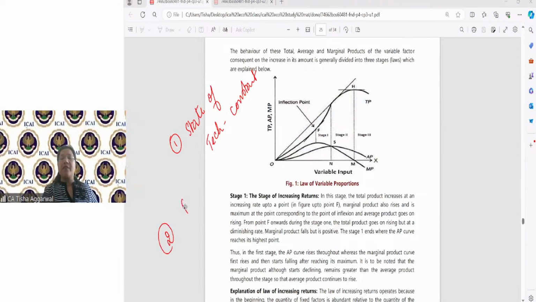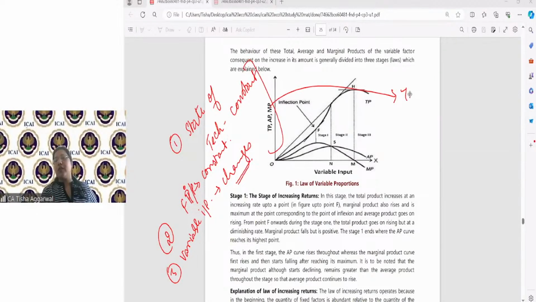Second point is that the fixed input is constant and the variable input changes. So let's talk about the outcome on the total product or the total output.